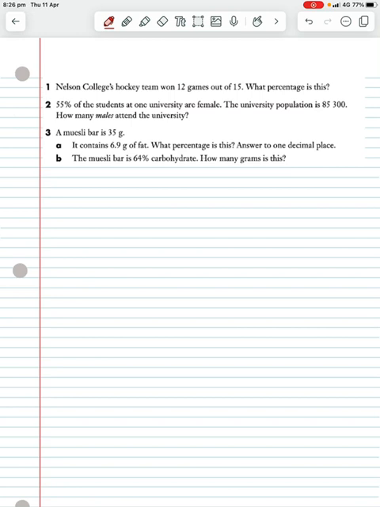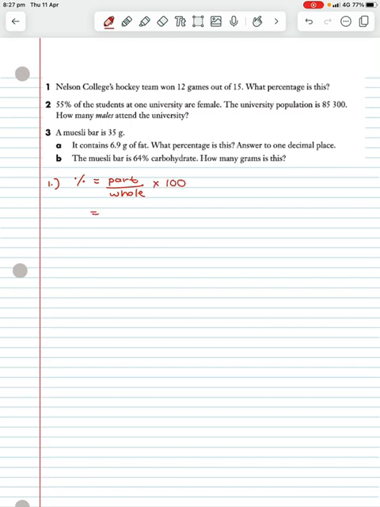For question 1, Nelson's college hockey team won 12 games out of 15. What is this as a percentage? Our percentage is going to equal our part over our whole, multiplied by 100.